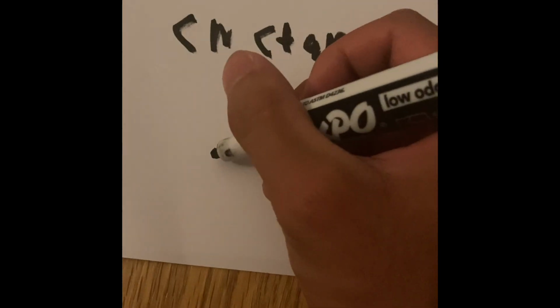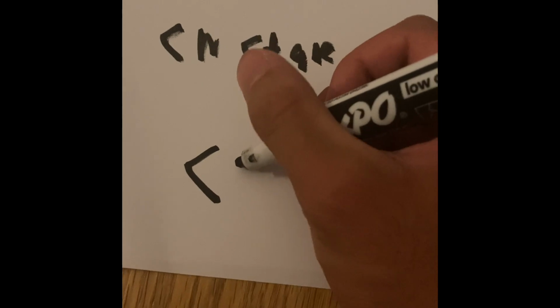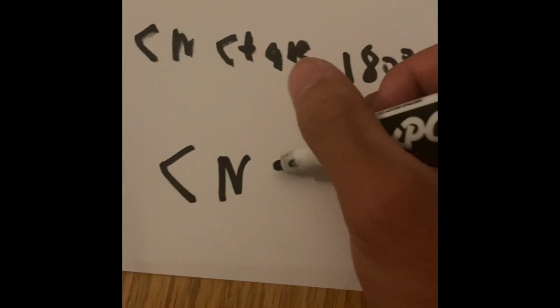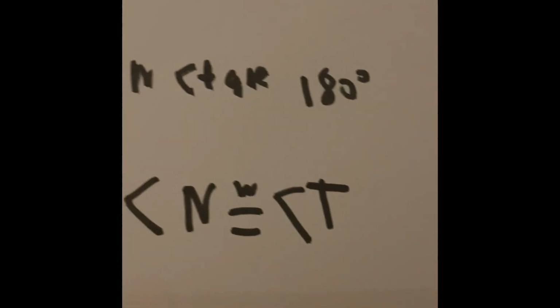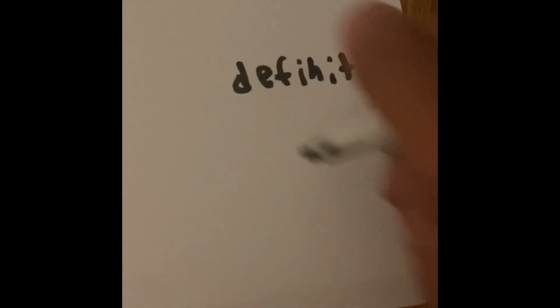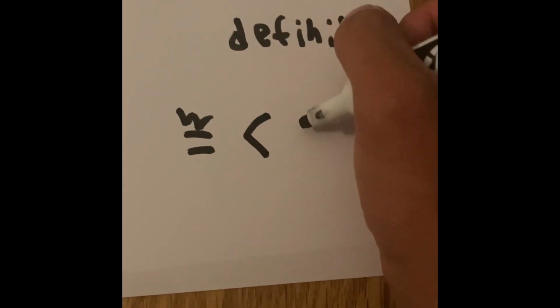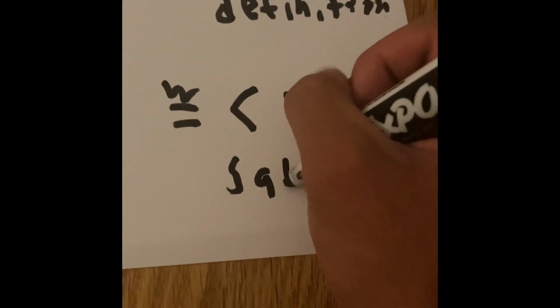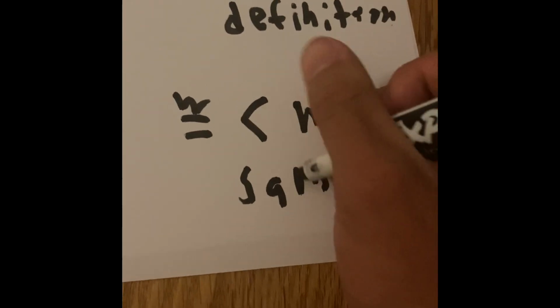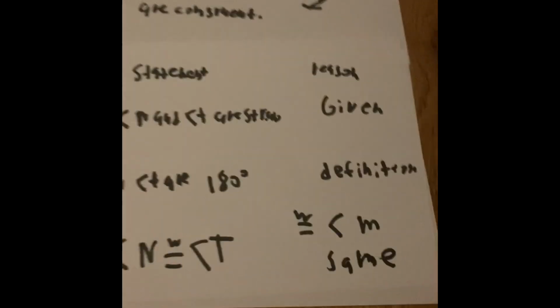We can now say that angle N is congruent to angle T. And that is the same thing: congruency of two angles that are measured the same. So we now have proved this one.